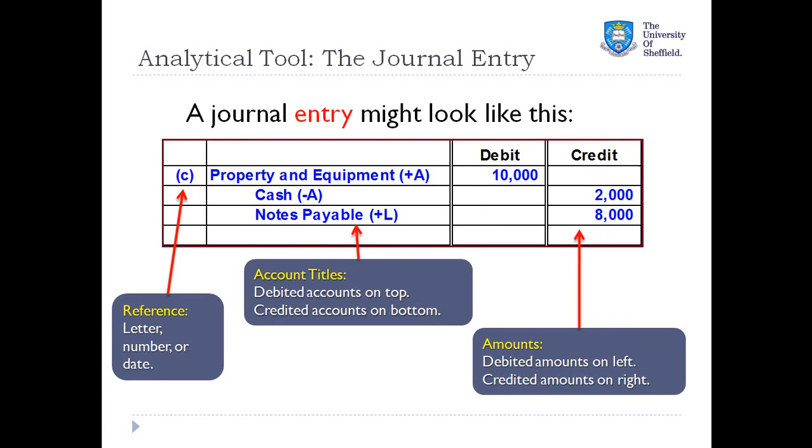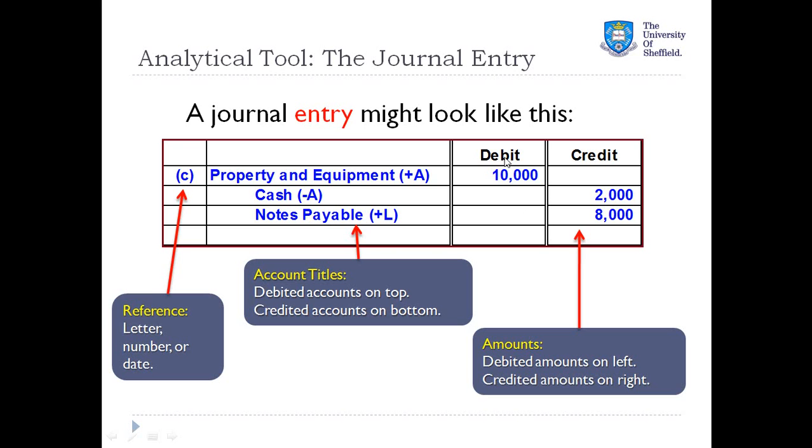And the journal entry might look like this. Here, for example, we have a very simple structure. We have a reference, ledger number, or date. In most cases, we use dates. We have the account titles: property and equipment, for, in our case, the 10,000 euro new equipment, and the cash. So we have an increase in assets, a decrease in assets, and an increase in notes payable, so the liability.